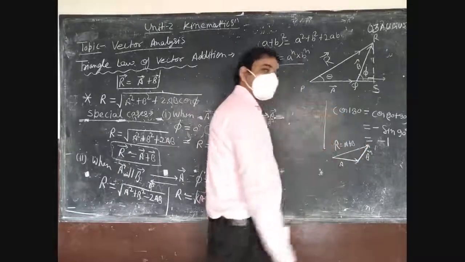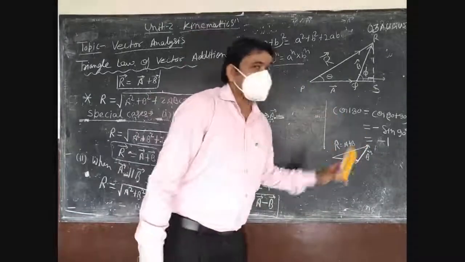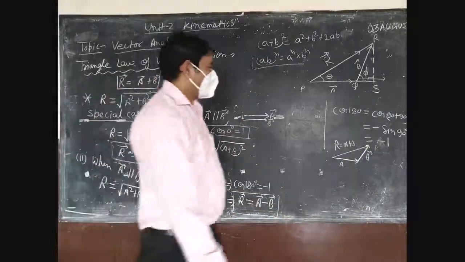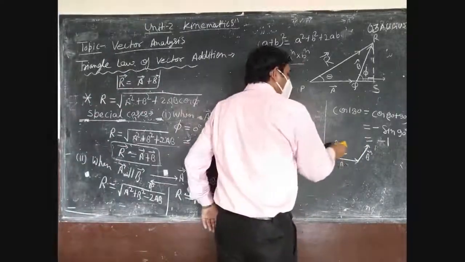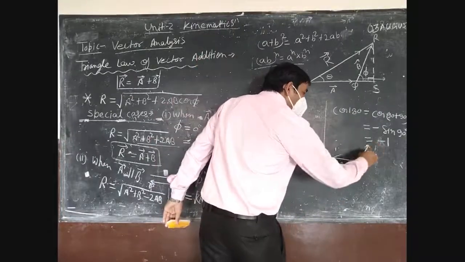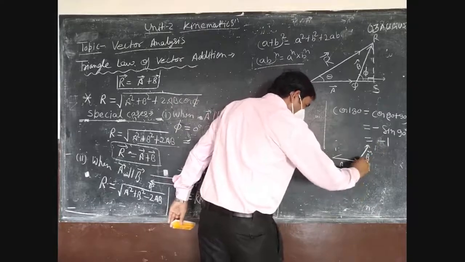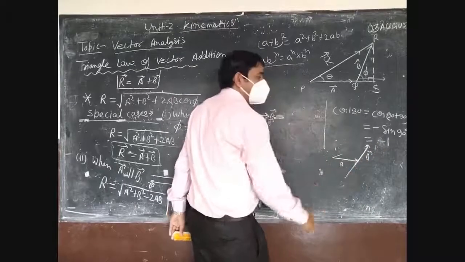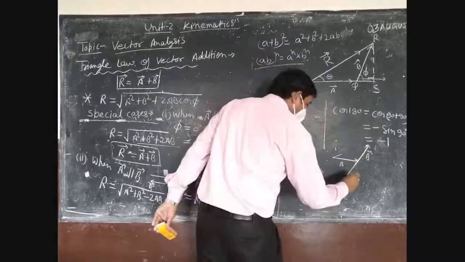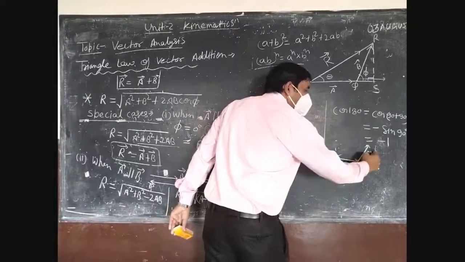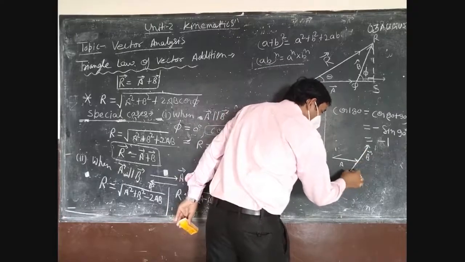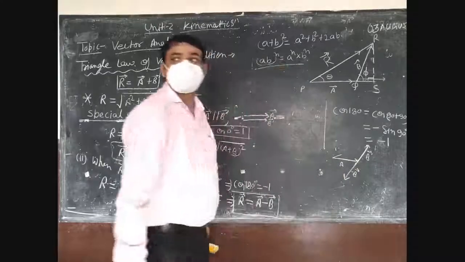Clear to all? Because both the vectors are positive, you get the same result as positive. But when you subtract the two vectors, you produce this vector on the back side with the same magnitude, which means the same length. Now if this is vector B, this will be minus vector B. Clear to all?